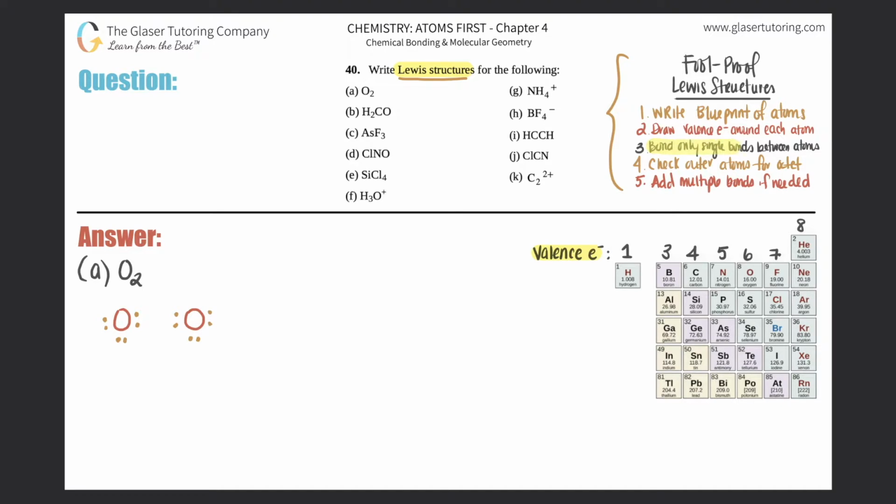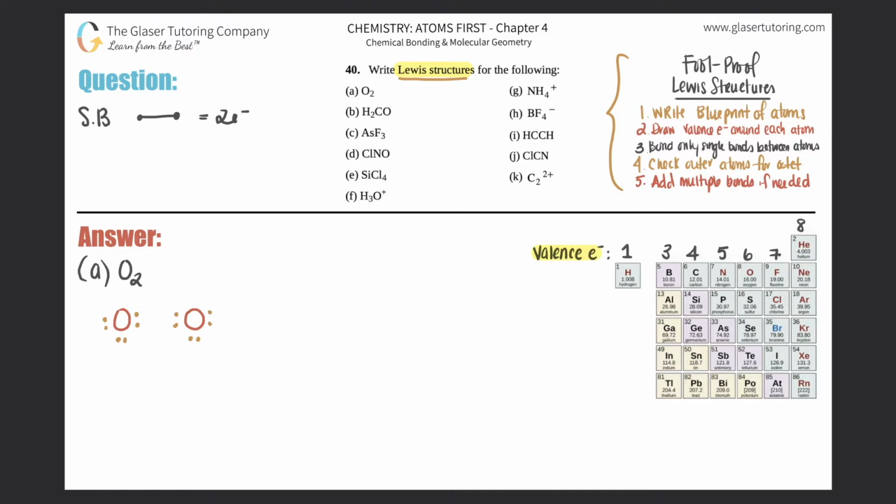Now you will only make single bonds first. You bond only single bonds between the atoms, and then check to see if you have the octet. A single bond, I'll put SB, is when you have 2 electrons that come together.